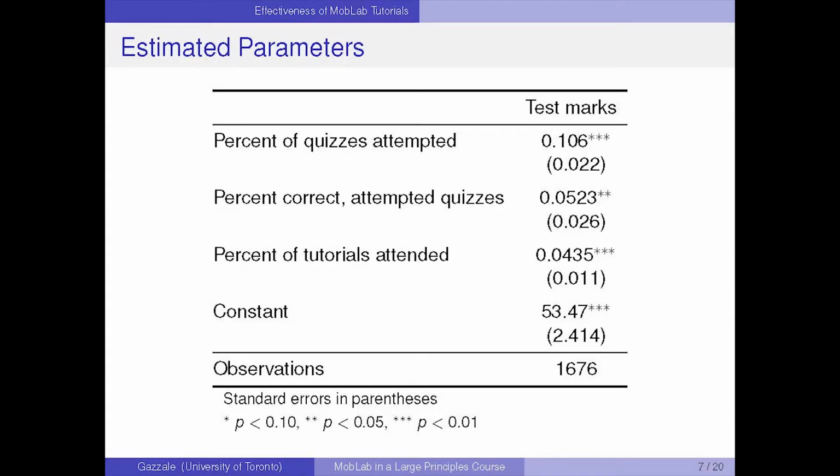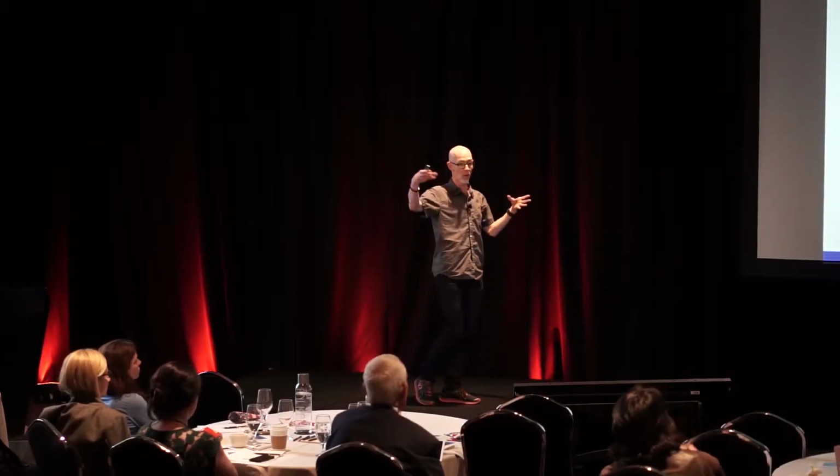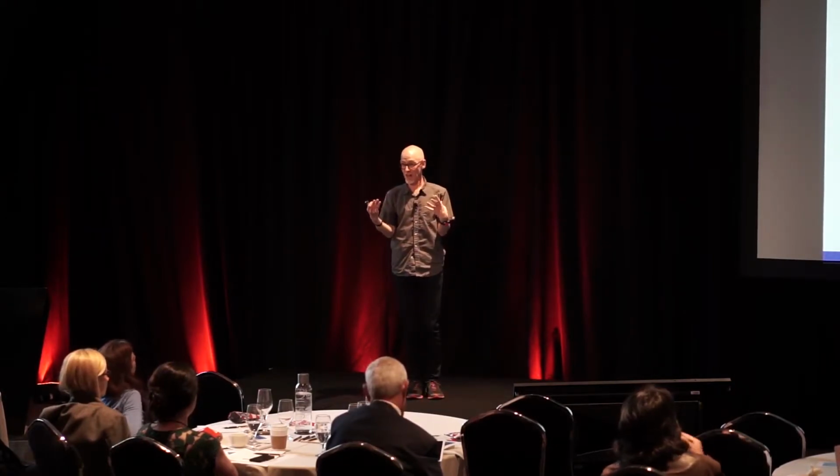Have you been taking quizzes? Have you been attending tutorials? And the fact that when I control for one measure of being engaged with the material since last term, quizzes, I still am able to find a significant coefficient on tutorials, another way of being engaged, suggests that I'm not just measuring being engaged, that something is actually good happening in my tutorials.